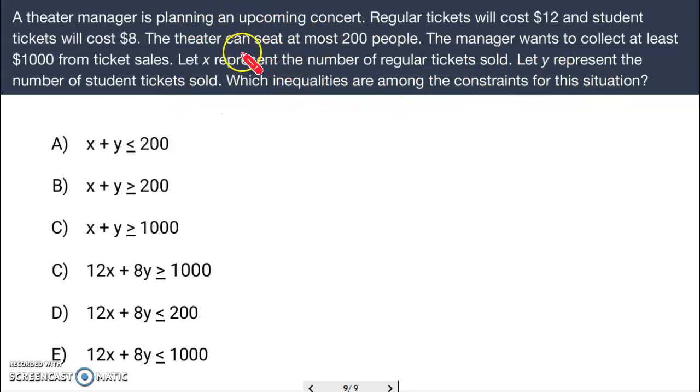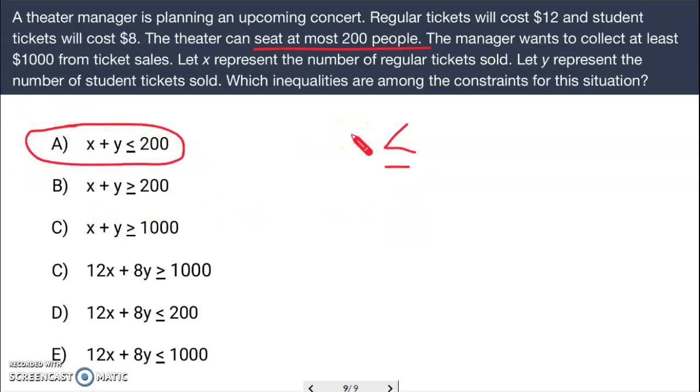Alright, the theater can seat at most. Now we see at most. When you see the phrase at most, it's less than or equal to. We're looking for that inequality: less than or equal to 200, that's the most they can seat in the theater. X plus Y less than or equal to 200. Now, we need an inequality with 12X and 8Y.